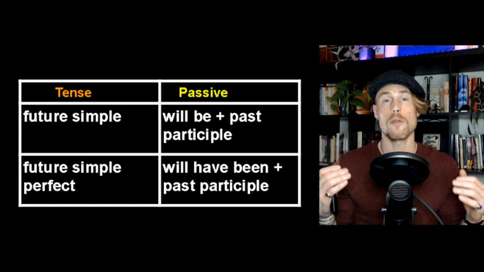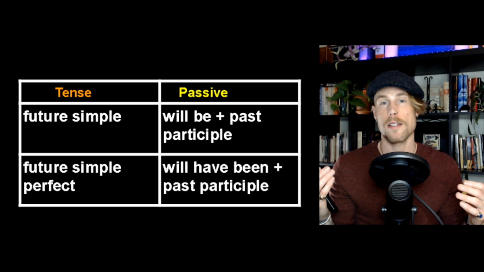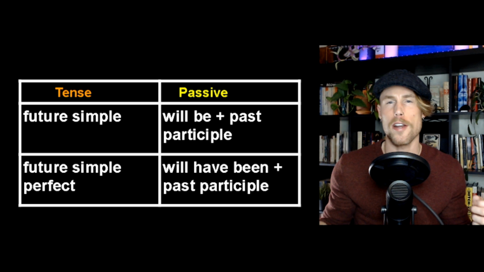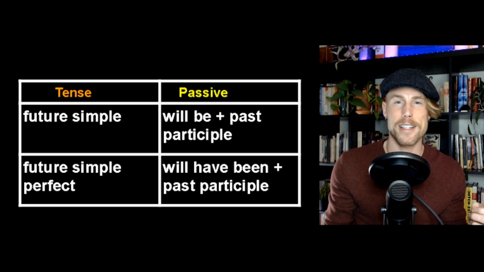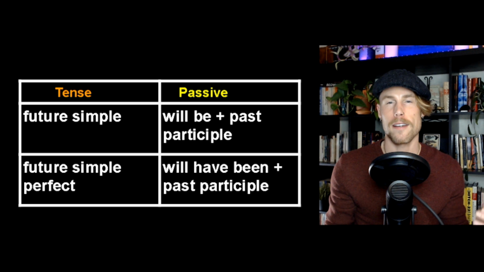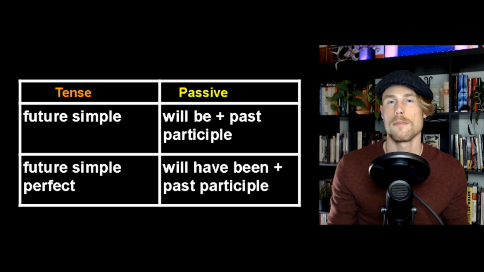Future perfect, will have been plus past participle. I'm sorry I didn't put the colors in this one, but will be should be in yellow, will have been should be in yellow like the previous examples, and past participle should be in purple. My mistake.